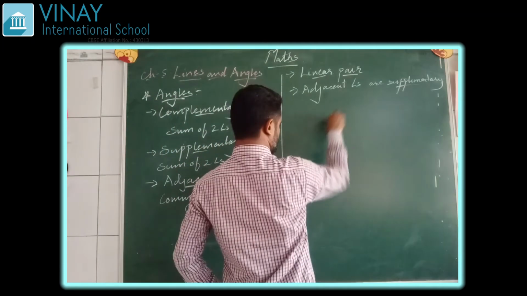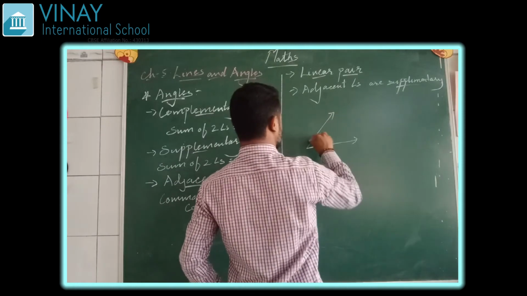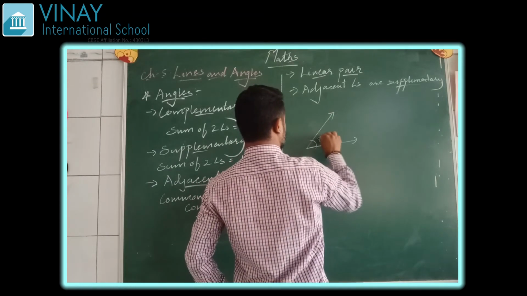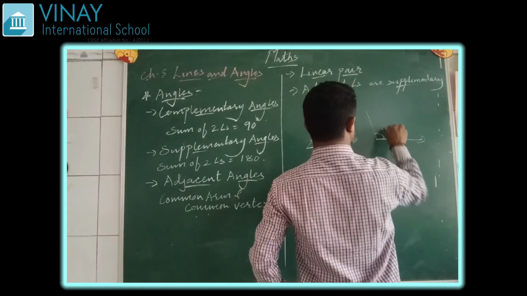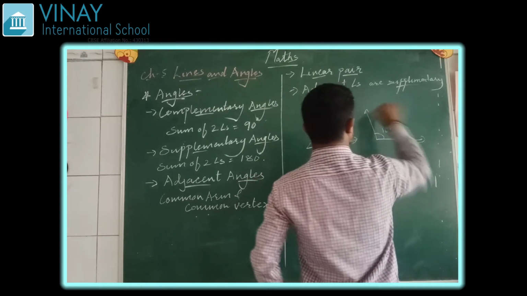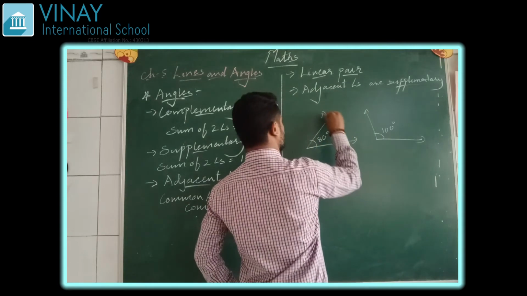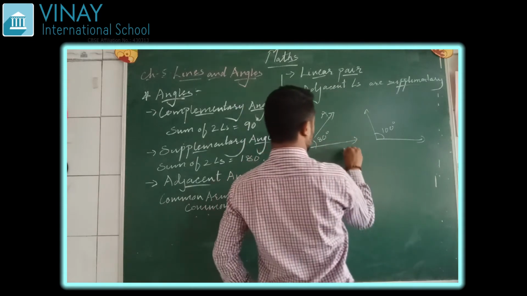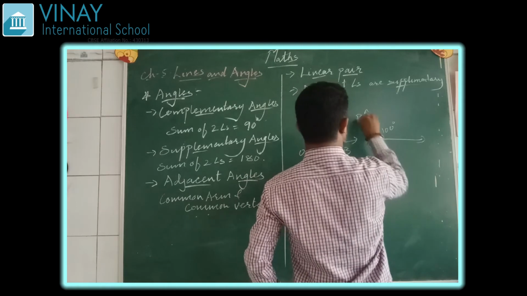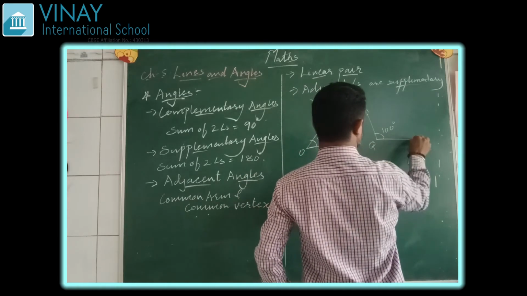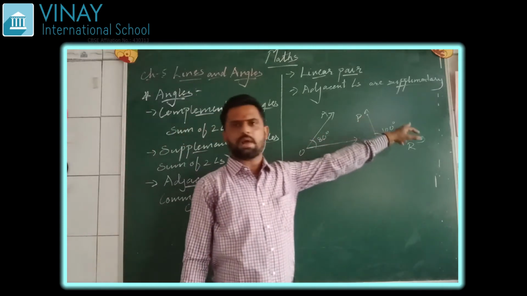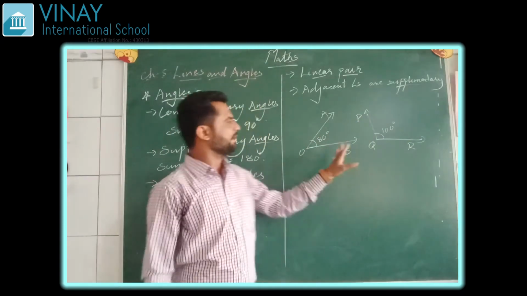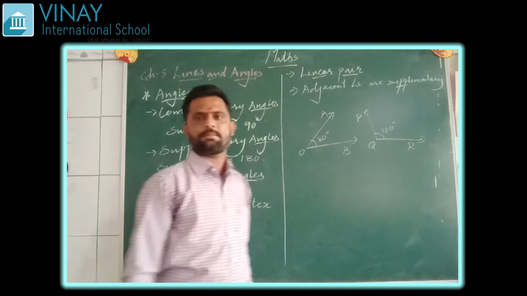Suppose these two angles are there. If this is 80 degrees, angle AOB, and this is 100 degrees, angle PQR. Now these two angles are supplementary, but can we call it a linear pair?